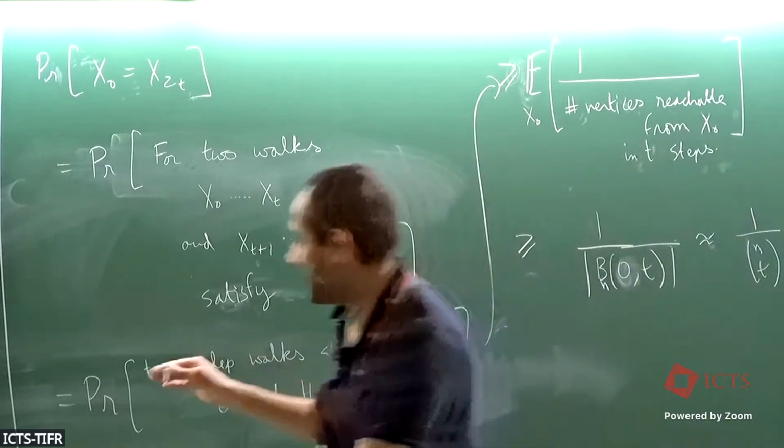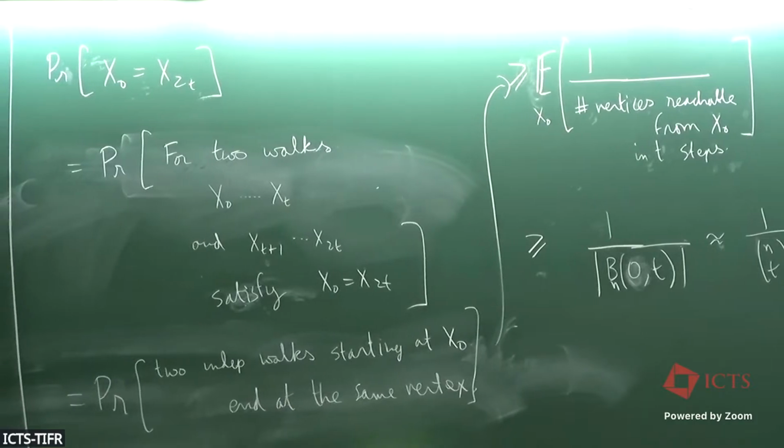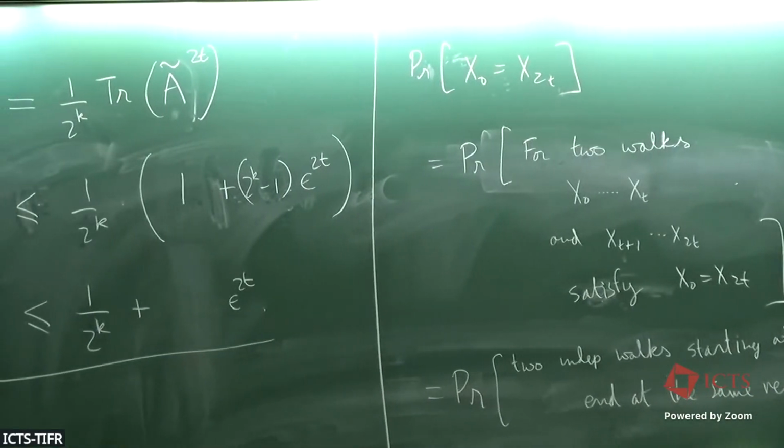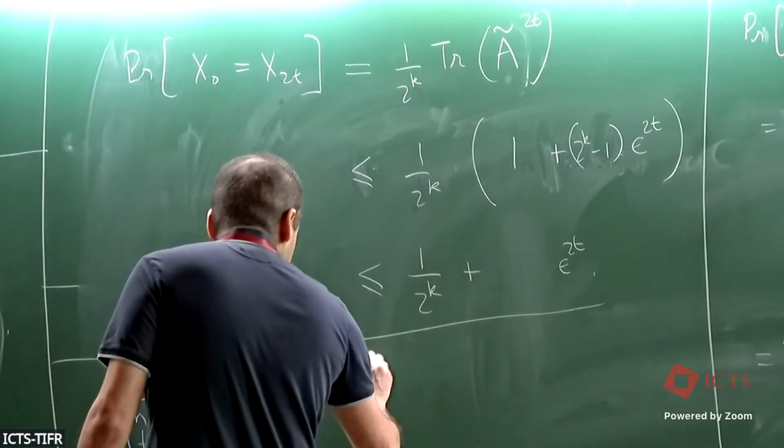So I'm going to simplify this and set t to something nice. The t that we'll finally set is going to be humongous, almost k. So 1 over n choose t is at most 1 over 2 to the k plus epsilon to the 2t.